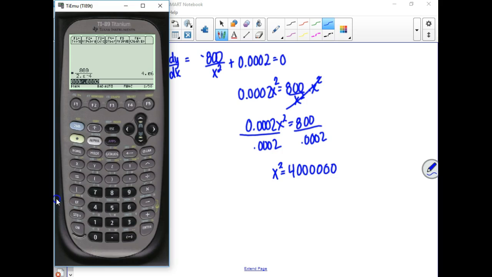Then we'd have to take the square root of both sides. That gives 2,000.